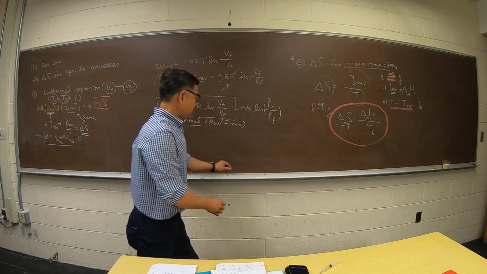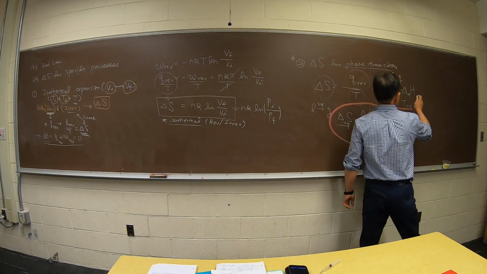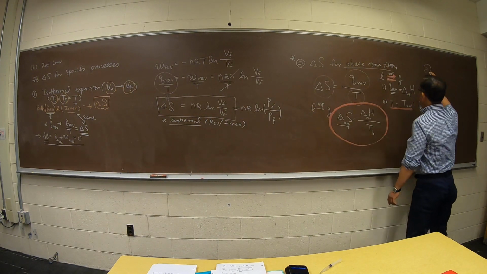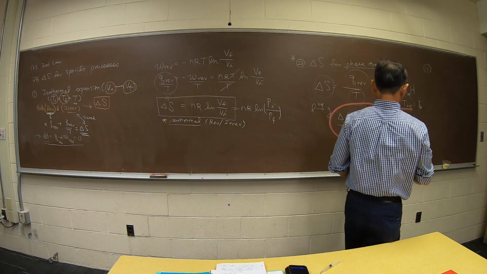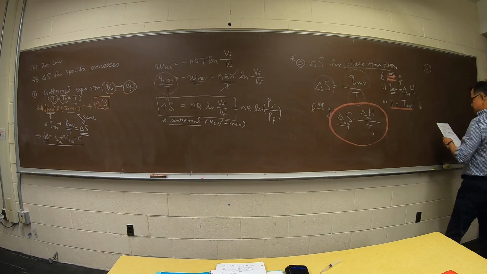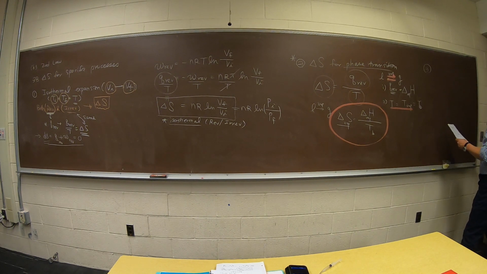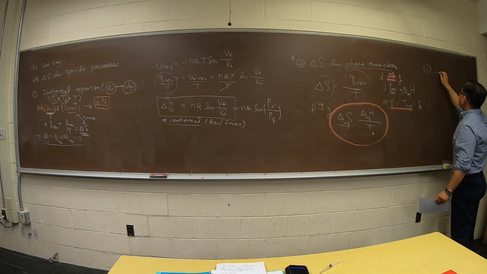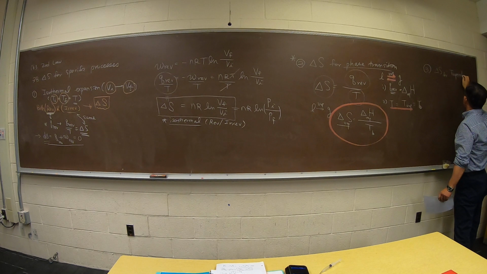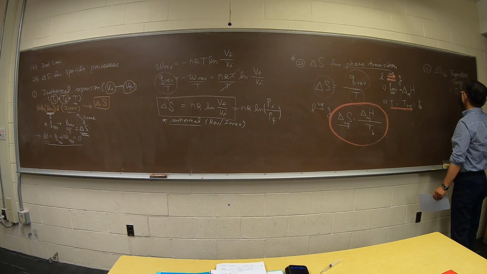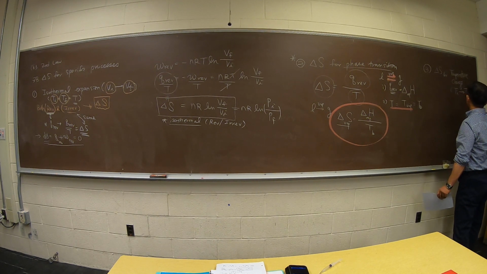Okay, so the third one is delta S for temperature change. We're talking about initial temperature to final temperature.